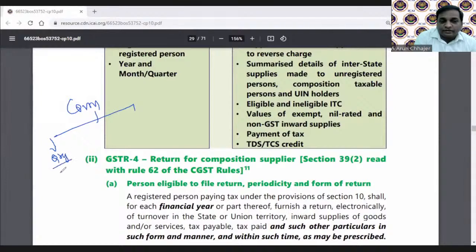What is the form number? CMP 08. He has to file GSTR 4 on yearly basis, that is 30th April, after the end of the year. Then there is one annual return also, that is GSTR 9A, and the due date is 31st December, after the end of the financial year.